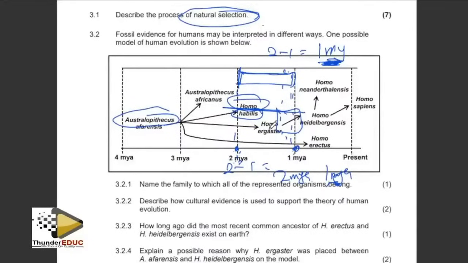Homo ergaster is here, Australopithecus afarensis is here, and Neander is here. Homo ergaster has some characteristics of this and also some of that. Because it didn't go extinct, it is still going. Therefore it is a transitional fossil.